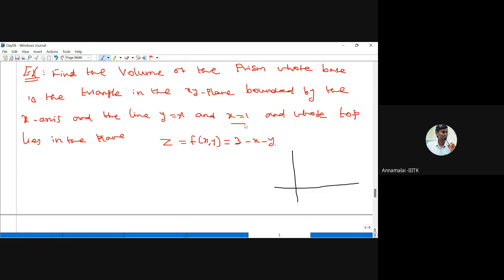Another one is x equal to 1, so this is 1. Another one is the line y equal to x. If you draw the y equal to x line, you will get this one. So what is the common portion? This is a triangle. So this is the common portion.